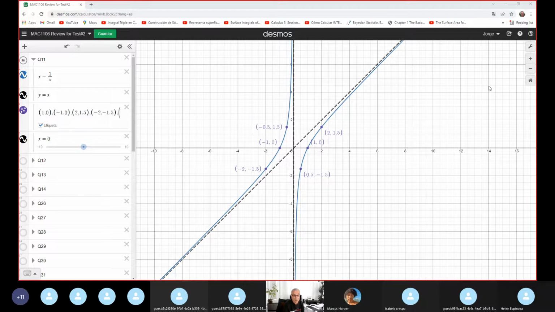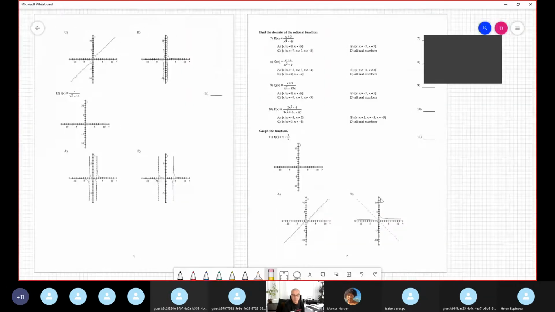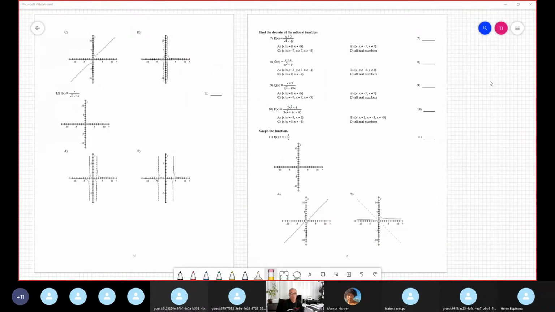So now you have to select A, B, C, or D. I come back to the whiteboard to see the options. There you go. You see? Whiteboard. So, what do you consider is the answer? A, B, C, or D?